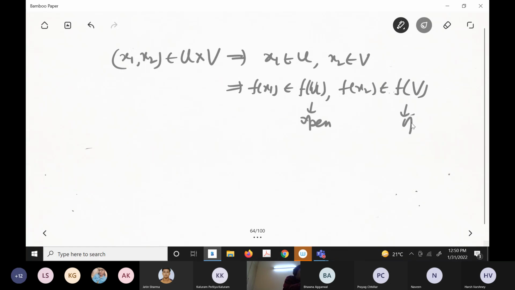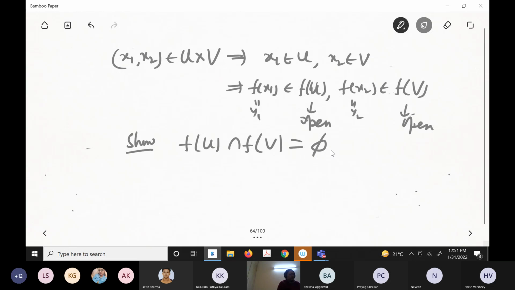All I need to show, look, fx1 was y1, fx2 was y2, so all I need to show that. I think this you can do. Then I'm done. Then Y sigma is Hausdorff. So I'm leaving it to you. You need only 2 lines. Okay, do that.